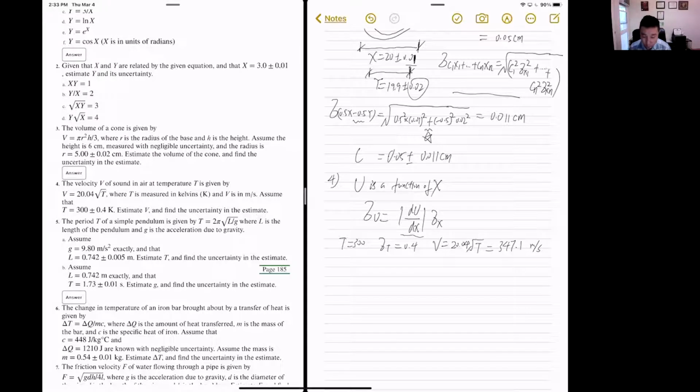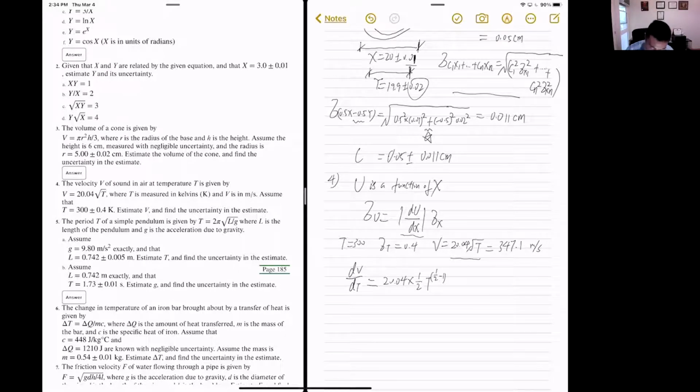In this case, it is dV/dT, because V is a function of T. V is 20.04 times the square root of T. So that is 20.04 times one half, T to the power of one half minus 1.